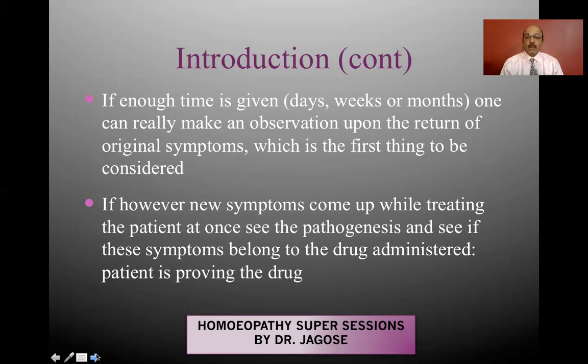If, however, new symptoms come up while treating the patient, at once see the pathogenesis and see if the symptoms belong to the drug administered; the patient is proving the drug. However, if enough time is given and instead of the return of the original symptoms you're getting new symptoms coming up in a case, and the patient says, doctor, these new symptoms I haven't experienced before, this is the first time these symptoms have occurred after I've taken the medicine which you had given me, take this hint from the patient and see whether these new symptoms are in the pathogenesis of the drug.